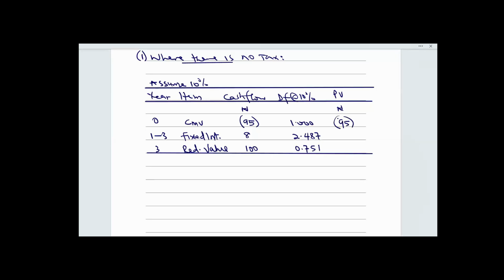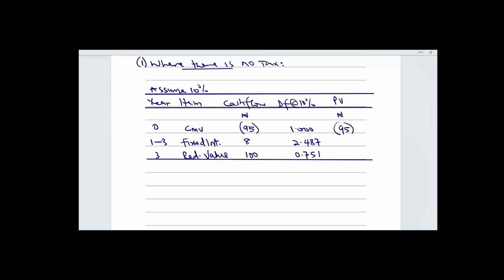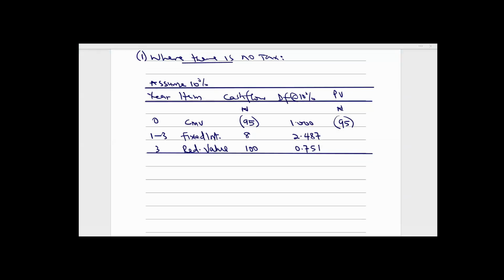So to get the present value, 95 multiplied by 1 will give us 95. 8 multiplied by 2.487 equals 19.896. So approximately that will be 20. Then 100 multiplied by 0.751, approximately 75.